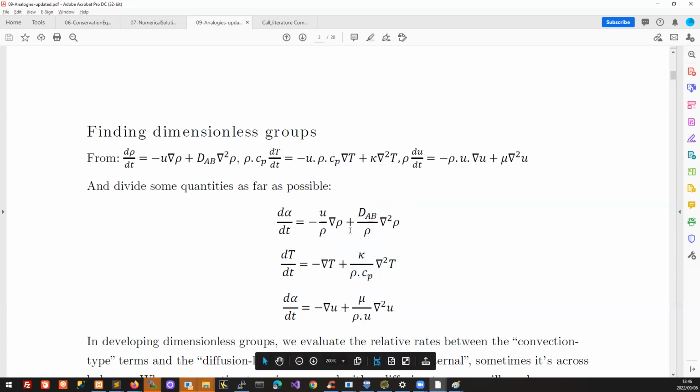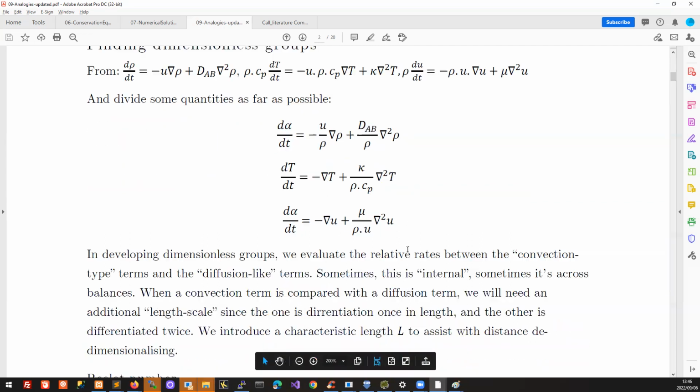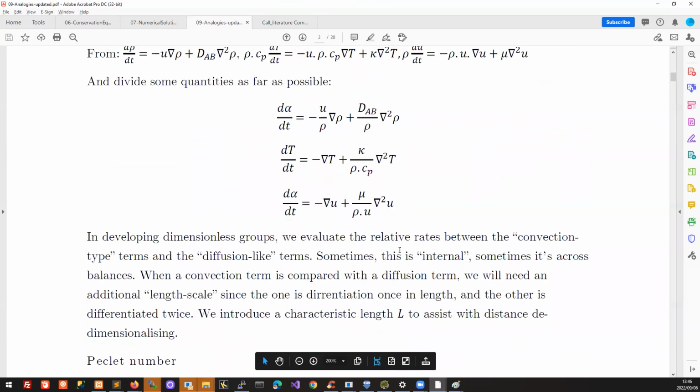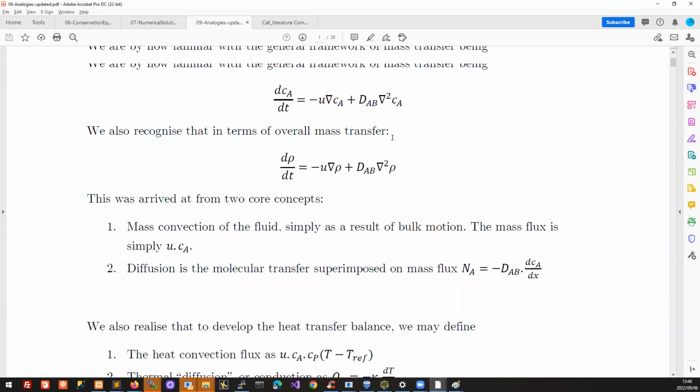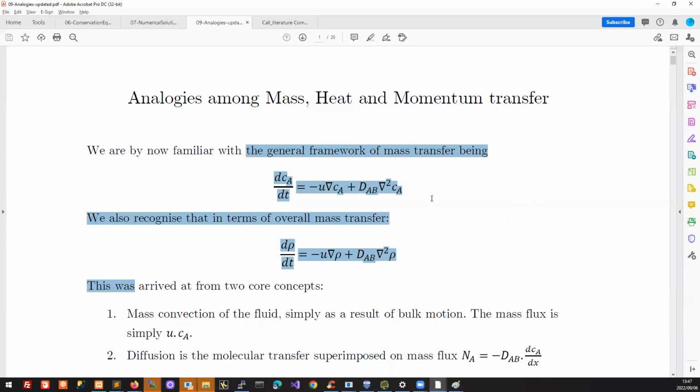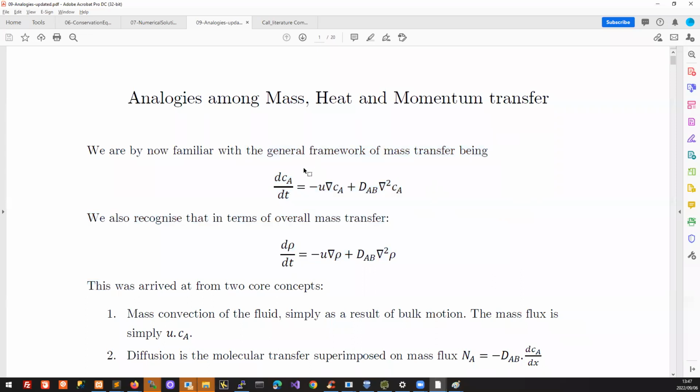So when you start finding things that begin to look like dimensionless groups, you can start to ask about relationships between these concepts. So for example, in our mass balance, right, this one, you could ask, well, what about competition between these two terms?